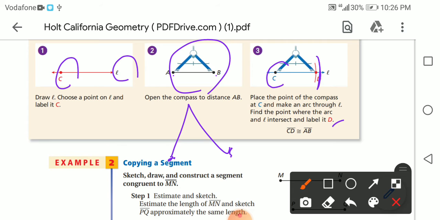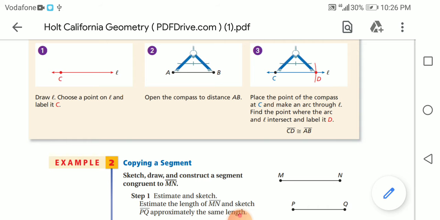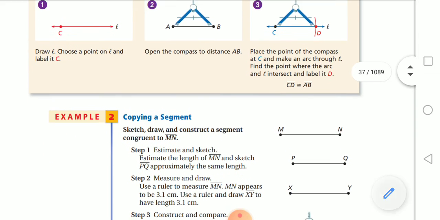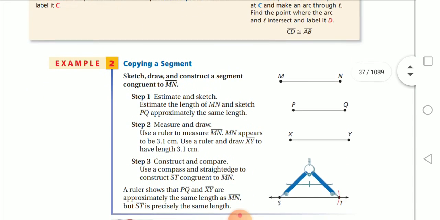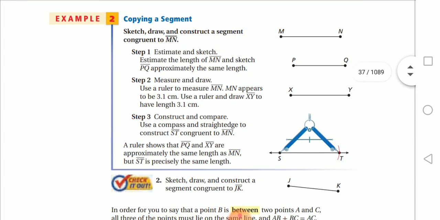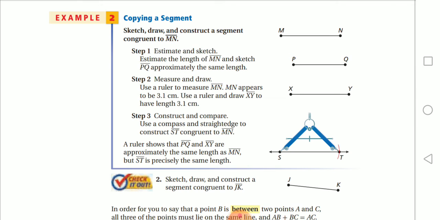Then place the point of the compass at C, the fixed one, and make an arc through L. Find the point where the arc and L intersect and label it what? D. So I have segment CD congruent to segment AB. Copying a segment is easy to do.